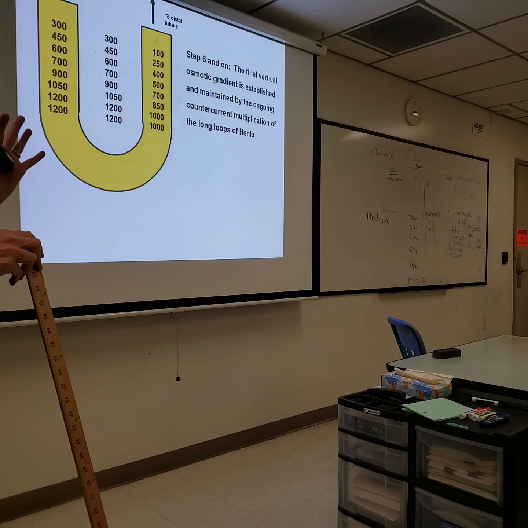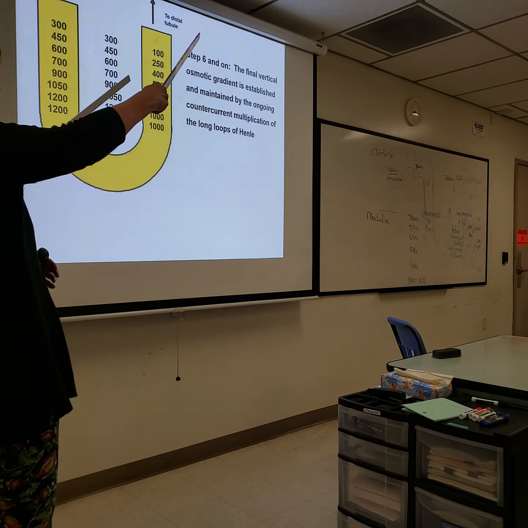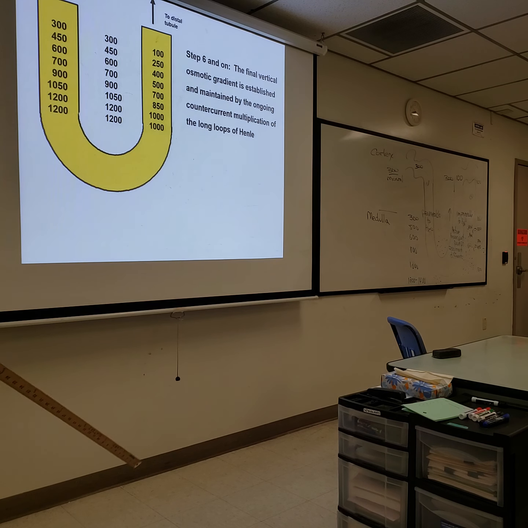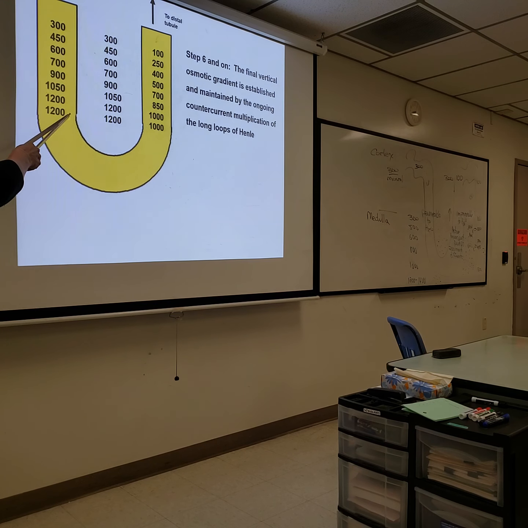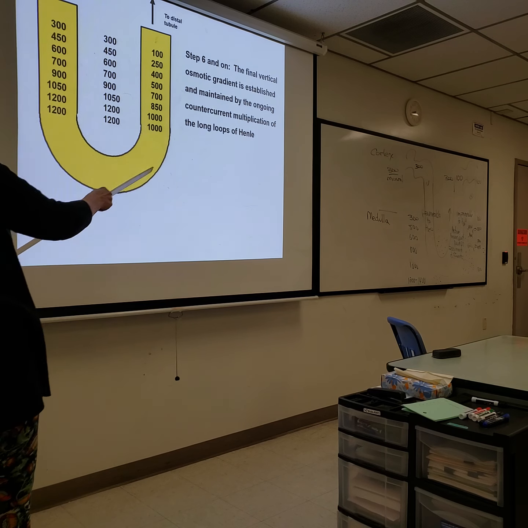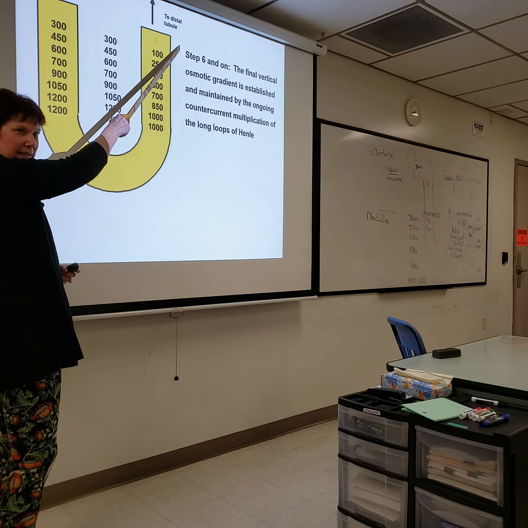We could never do that unless we had longer nephron loops. So kangaroo rats have much longer nephron loops than we humans do. And so they can create a higher osmotic gradient. Okay? So, descending limb, permeable to water. Ascending limb, impermeable, but possesses the active transport pumps. Okay?